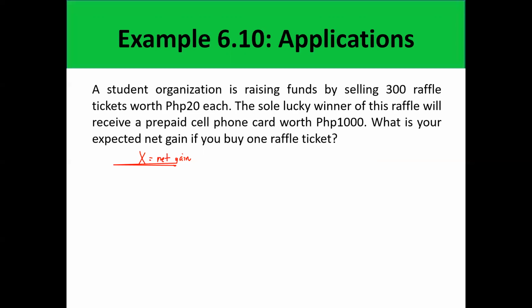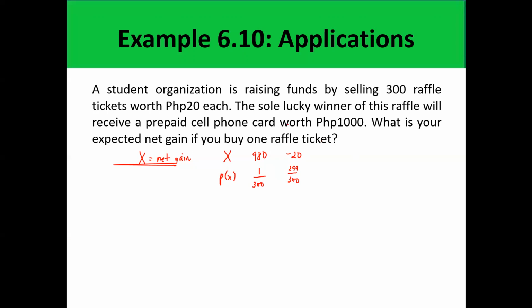If you are unfortunate and you lose, then you lose 20 pesos. So there are two possible values of x, positive 980 and negative 20. The probability of getting the 980 pesos net gain is 1 out of the 300 raffle tickets, while the probability of losing 20 pesos is 299 over 300.